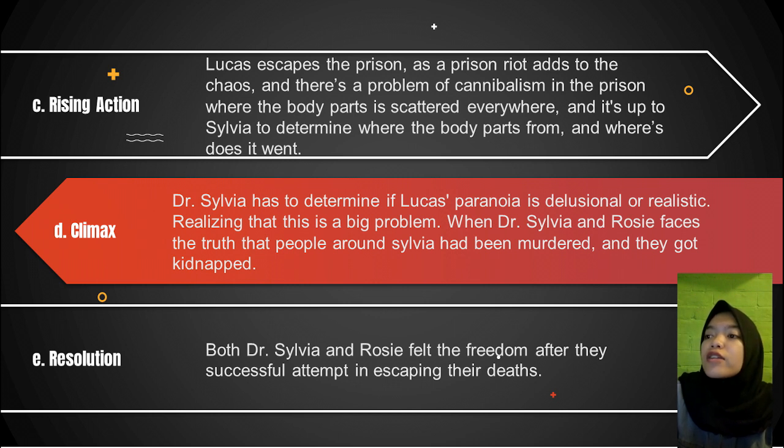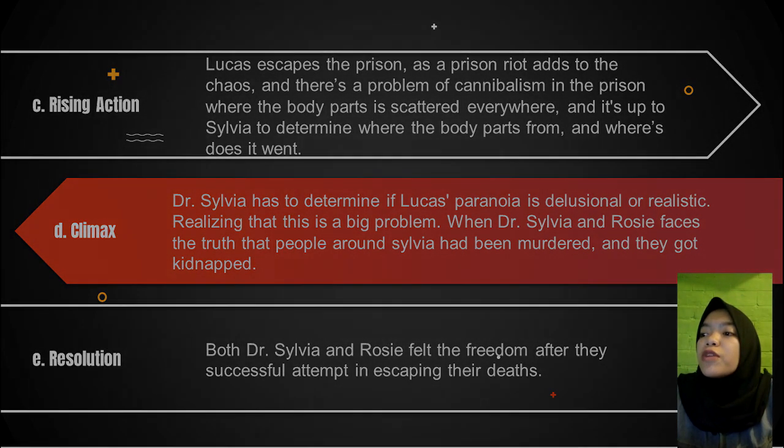Dr. Sylvia has to determine if Lucas' paranoia is delusional or realistic. Realizing that this is a big problem, Dr. Sylvia and Rosie face the truth that people around Sylvia had been murdered and they got kidnapped. Resolution. Both Dr. Sylvia and Rosie felt the freedom after their successful attempt in escaping their death.